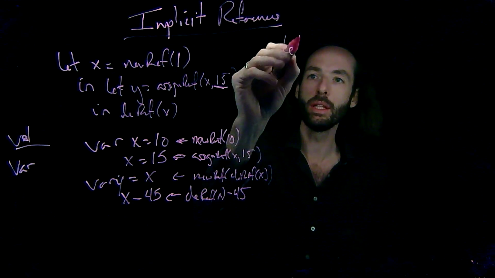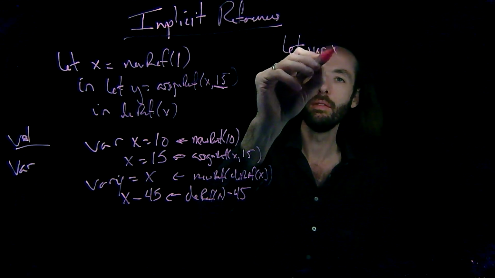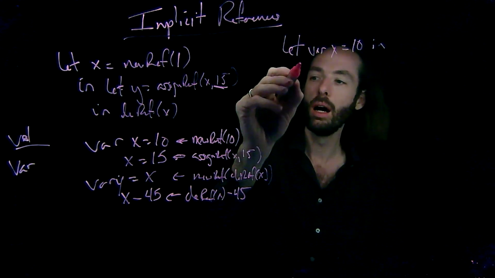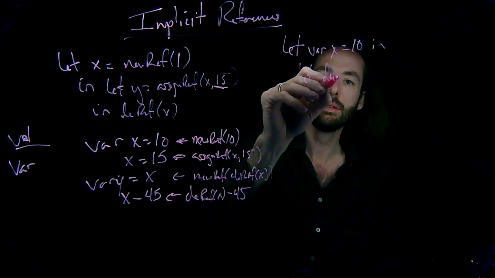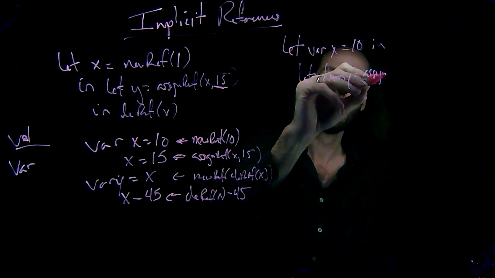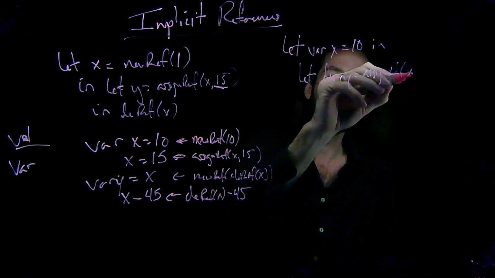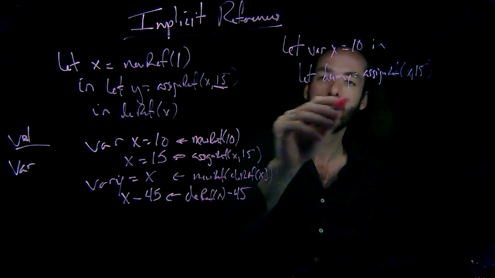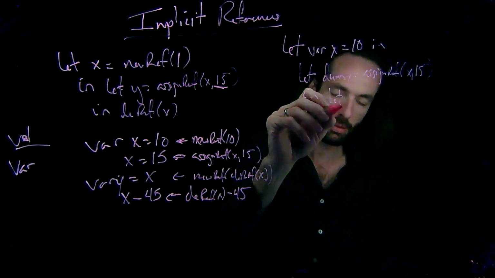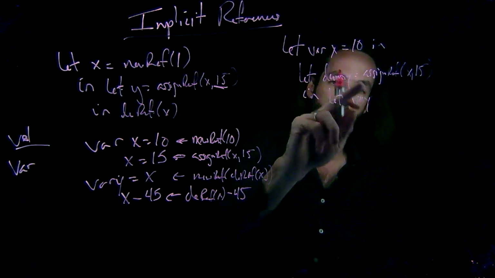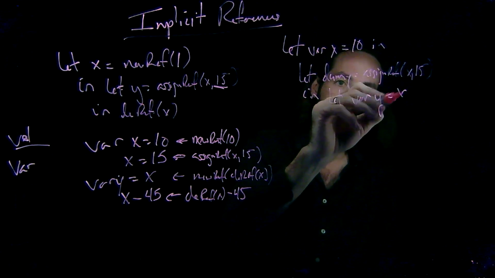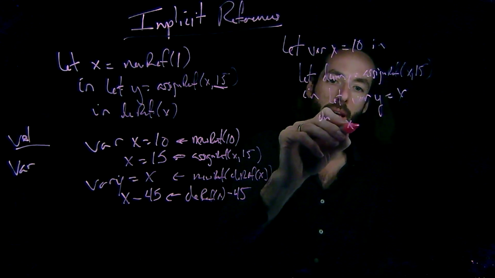We would have something like let var x equal 10 in let dummy equal assign ref x 15 in let var y equal x in x minus 45.